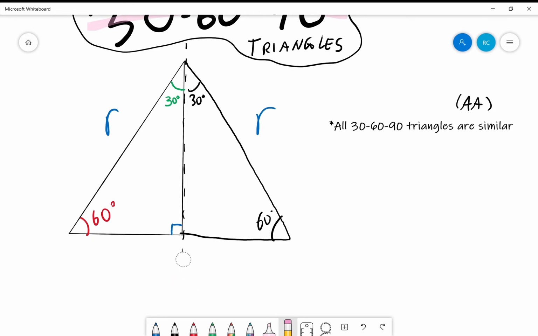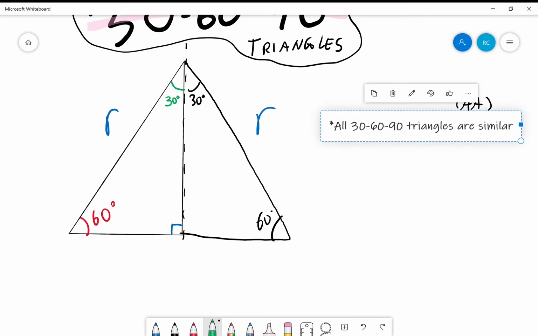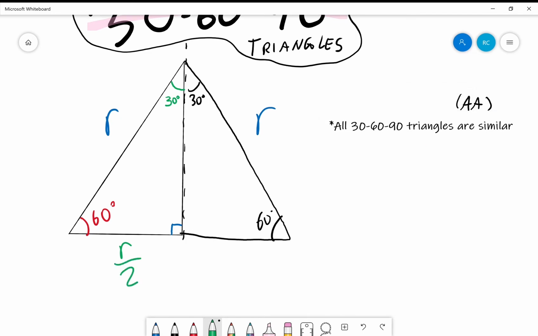So hopefully you can see that just this side here across from the 30-degree angle, that side right there, is R divided by 2, or you could call it 1/2 R. Those are the same.